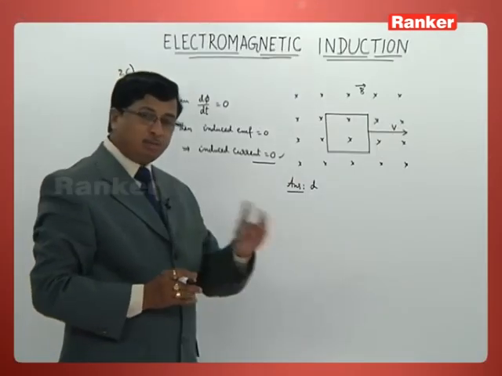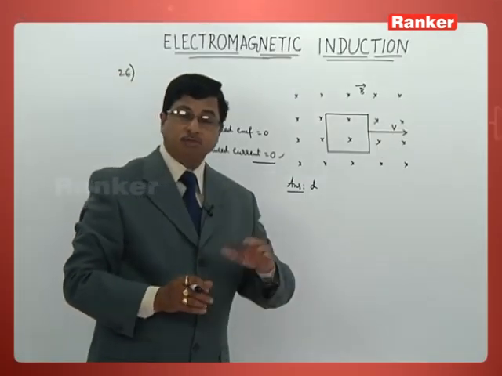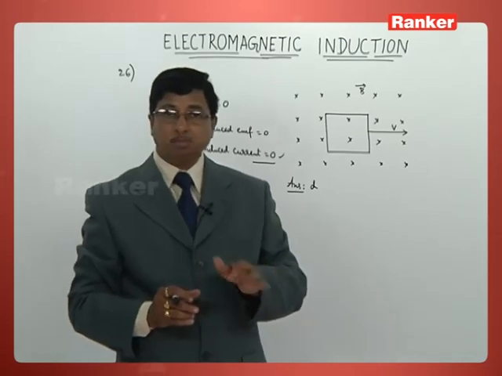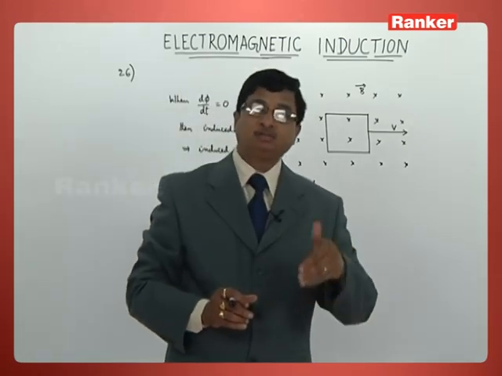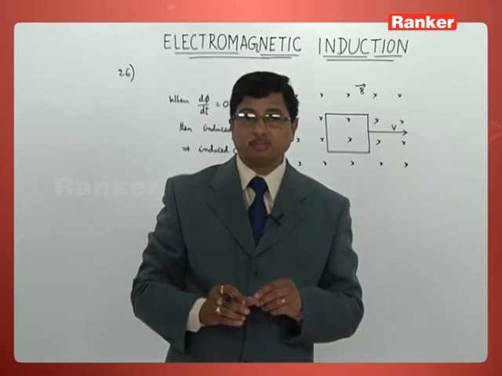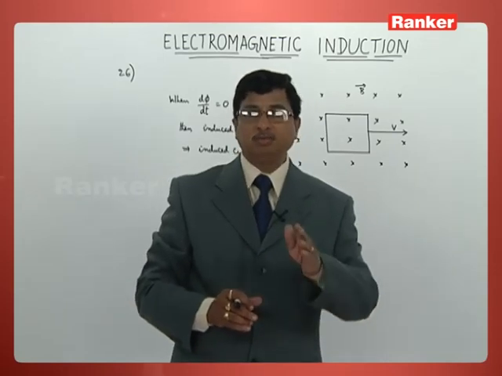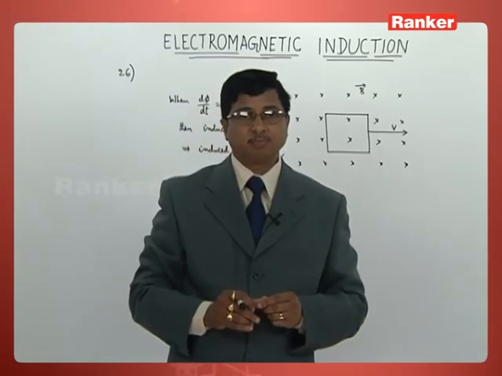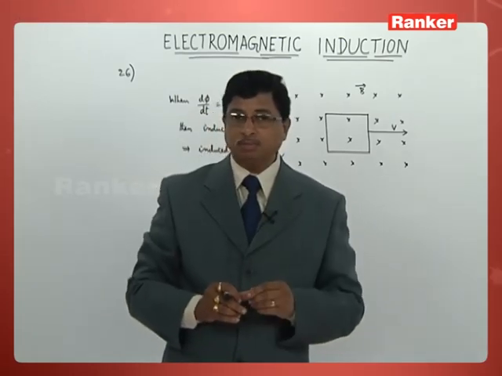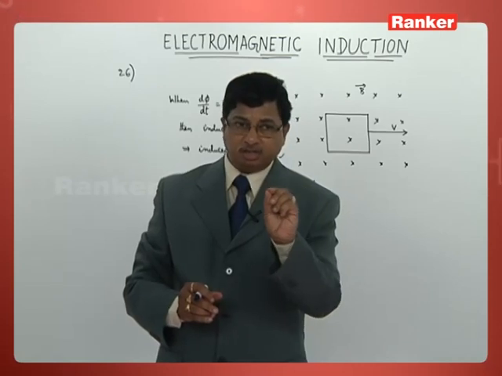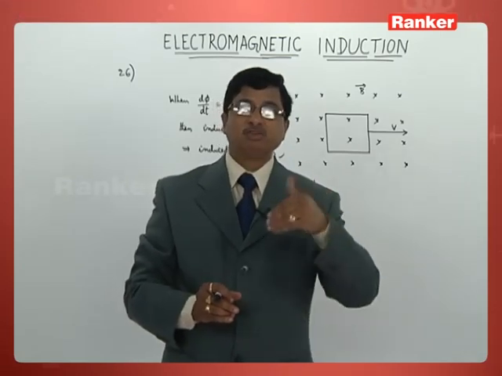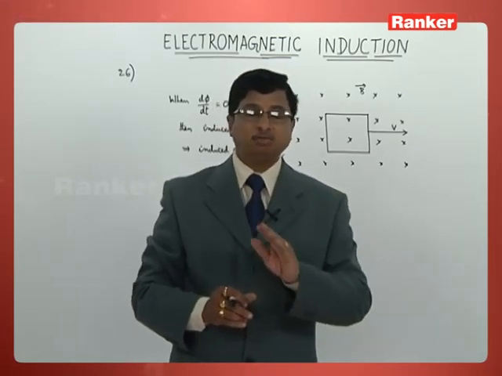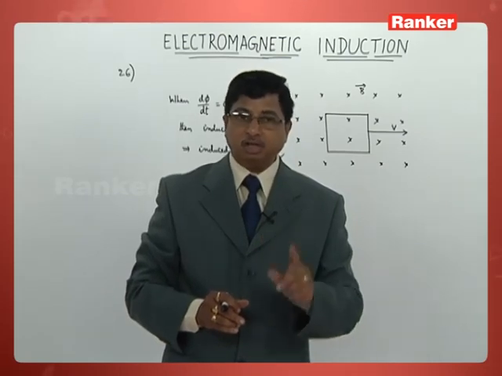So if it is a varying magnetic field, flux variation is possible with respect to time. If that rate of change of flux is there in the system, automatically EMF is induced and current also is going to be observed as induced current. So in this problem, after reading the second sentence itself, you can come to a straight conclusion that there will never be any induced current across the loop.